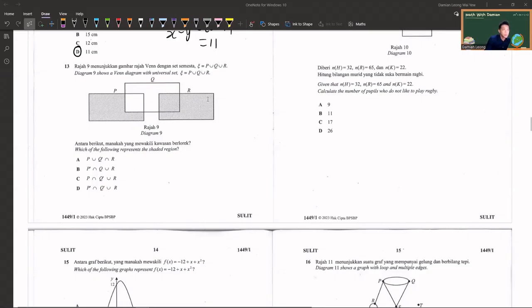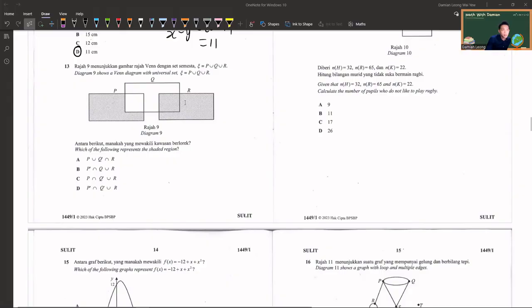The two shaded regions are not connected together, so we look at them separately.